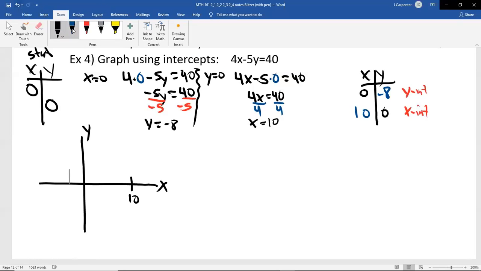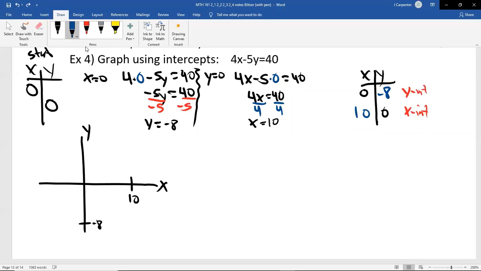Same for the y's. I'm not going to go 1, 2, 3, 4, 5, 6, 7, 8. I'm just going to go down here and write -8. Make sure you don't do it up here. That would not be right because that height is -8, not +8. Make sure you're going left or down appropriately.